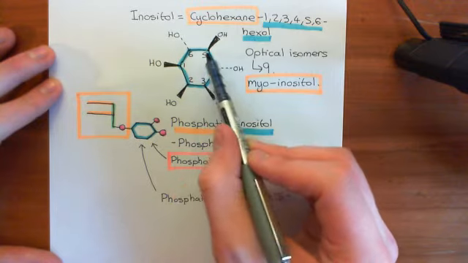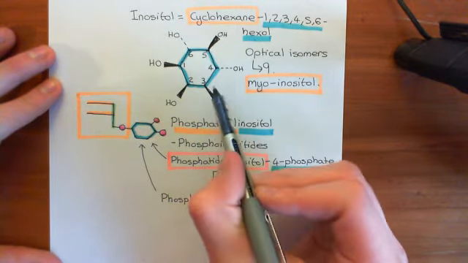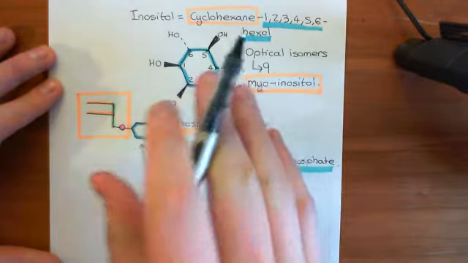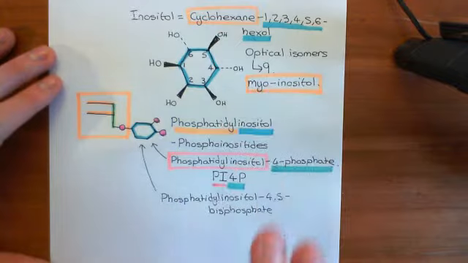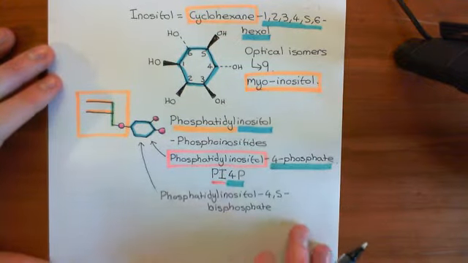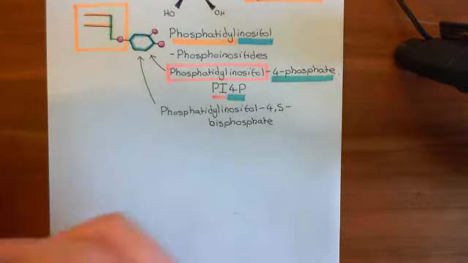So 3 is different to 5 in this very subtle way. Okay, so that's an important understanding point, and that's why I have brought that up at all, so that you can understand why this is called phosphatidyl inositol 4,5-bisphosphate.